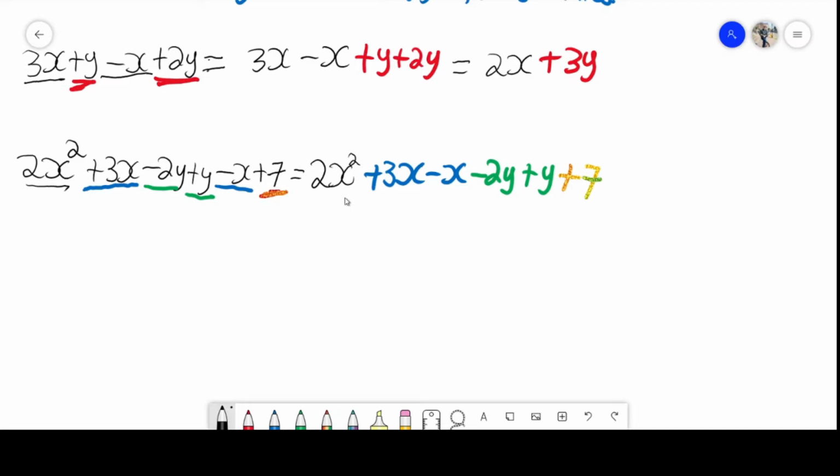Okay, so let's simplify each of these things which is of a similar colour. So I have just 2x squared. And then 3x minus x is 2x. Minus 2y plus y is negative y.